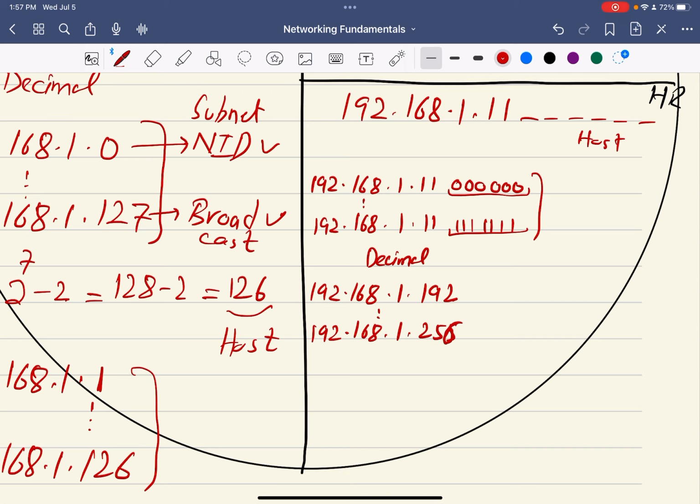So if we add them together, what would be the possible values? Sorry, 255. Sorry about that. 255 if we add them together, not 256, 255. So now what would be the network ID? This is going to be the subnet ID for HR department. And this is going to be the broadcast ID, right?